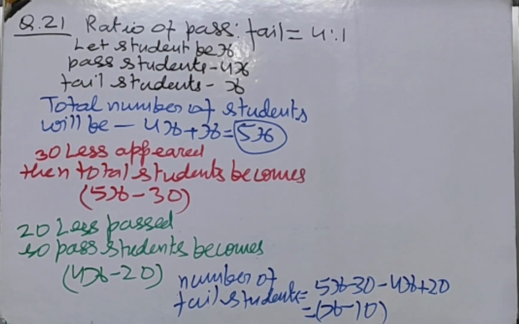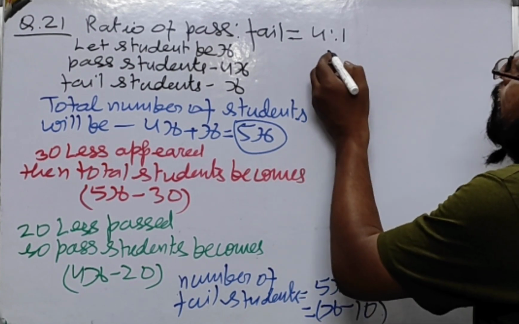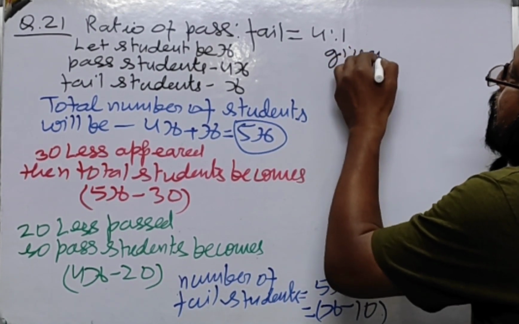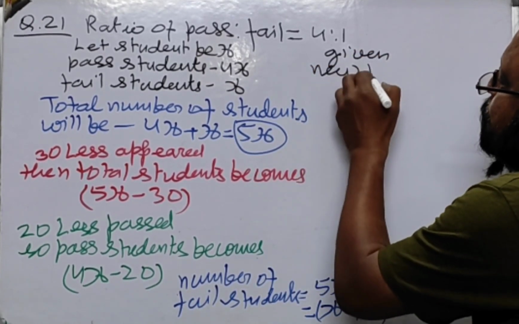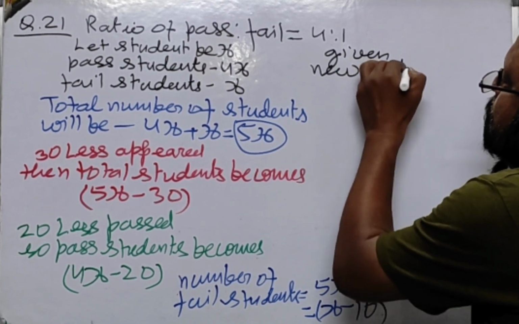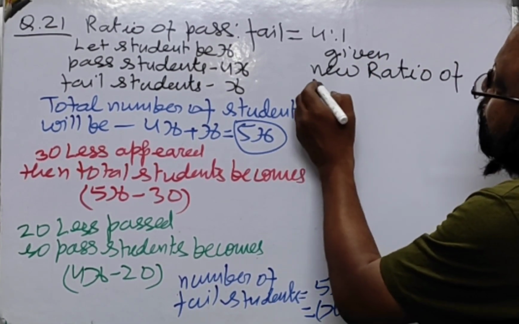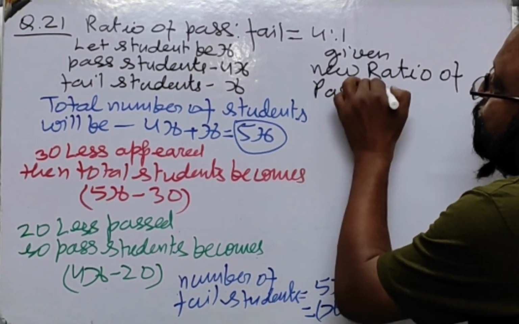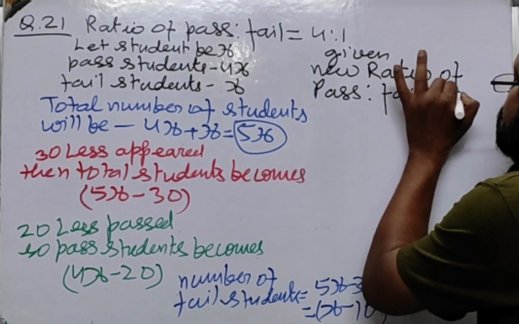Now, given the new ratio of pass to fail is equal to 5:1.